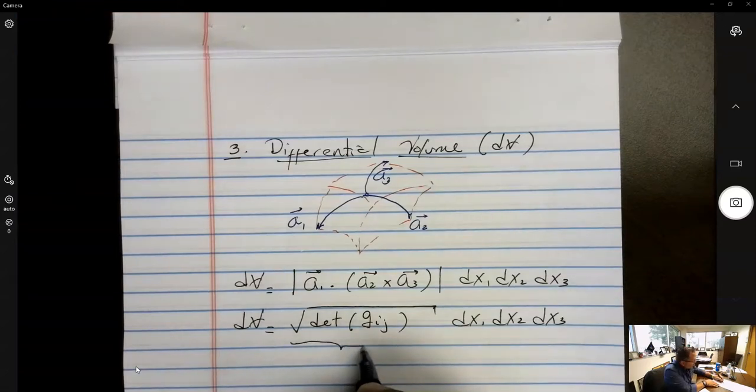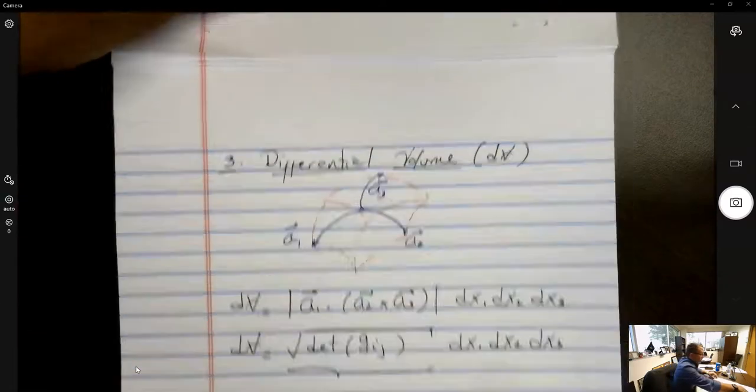This right here is the Jacobian of the volume transformation.